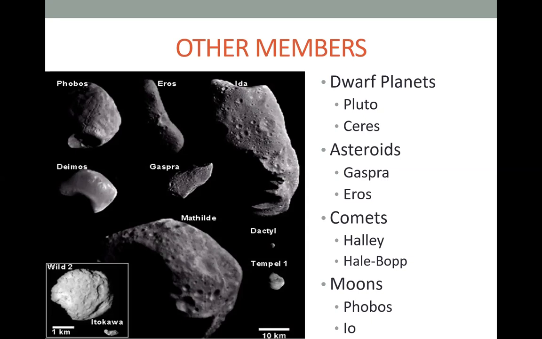So that's why they're lumped in this picture, because at one time they were definitely asteroids, but along the way they changed their association to become moons of planets.